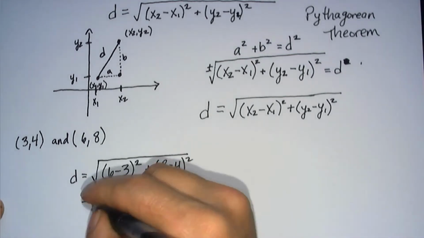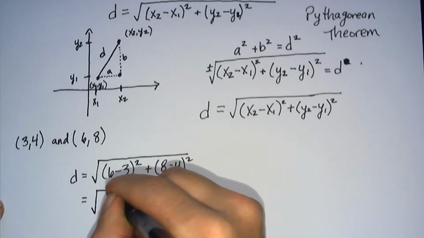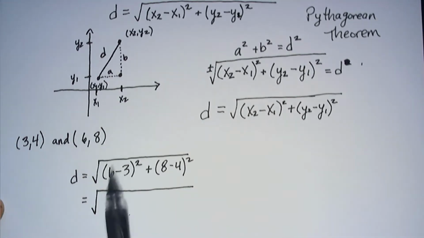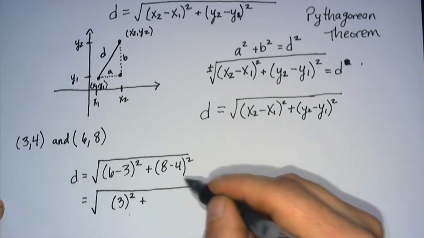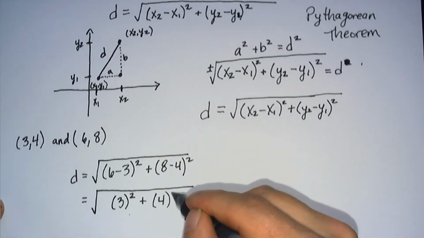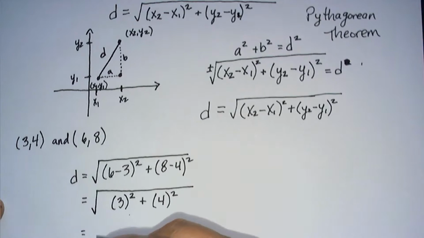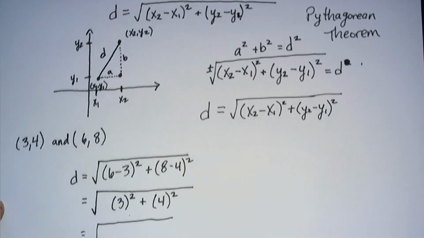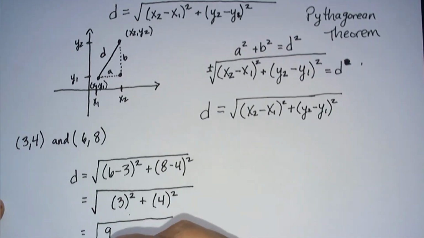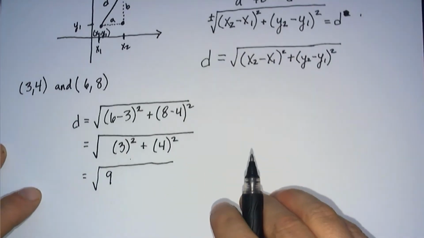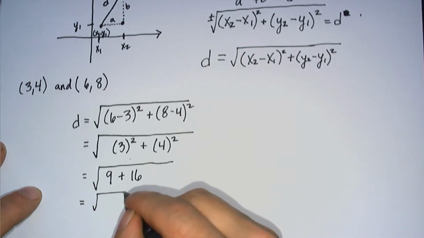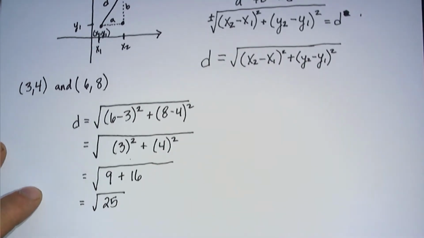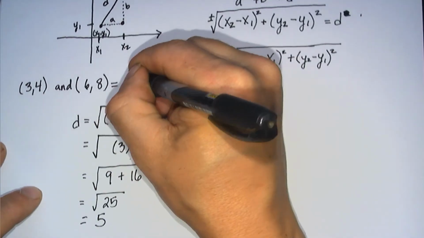Okay, so 6 minus 3 squared is 3 squared, plus 8 minus 4 squared is 4 squared. 3 squared is 9, plus 4 squared is 16. 9 plus 16 is the square root of 25, and the square root of 25 is 5. So the distance between these 2 points is 5.